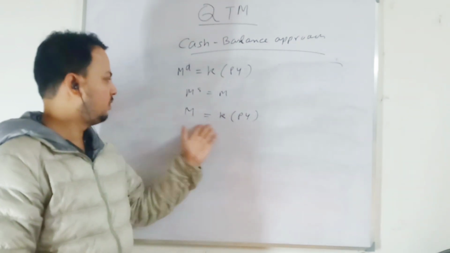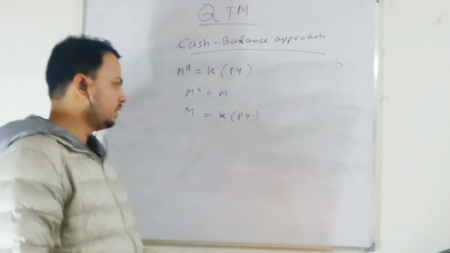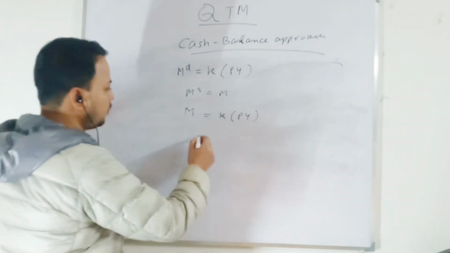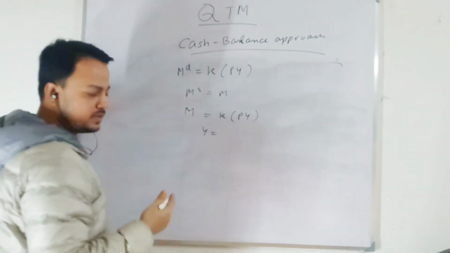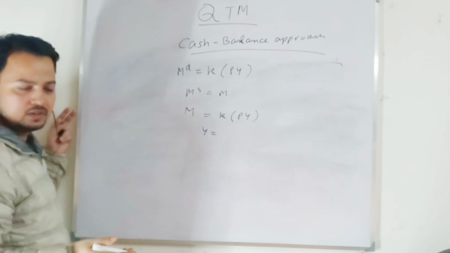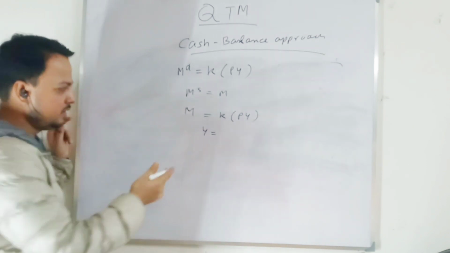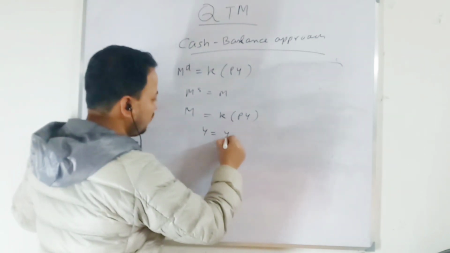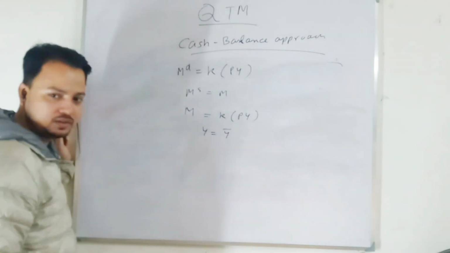Next, suppose the output is determined exogenously, say by labor market conditions. We have labor demand and labor supply that determine this output, say Y bar. I am not writing Y star, I am writing Y bar.